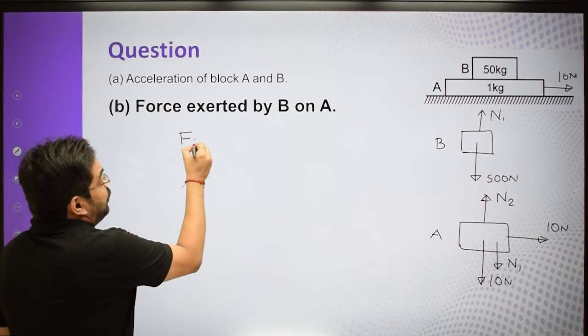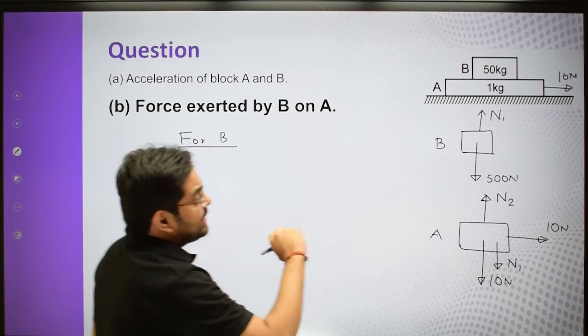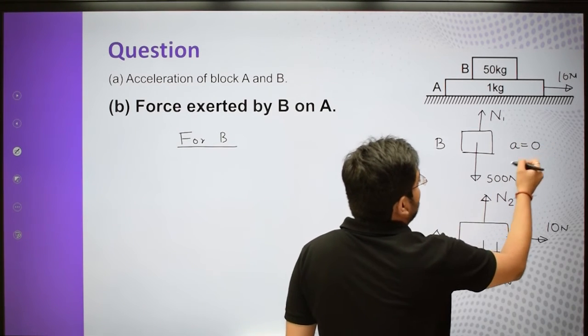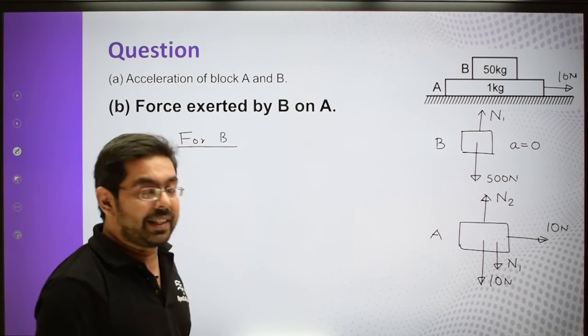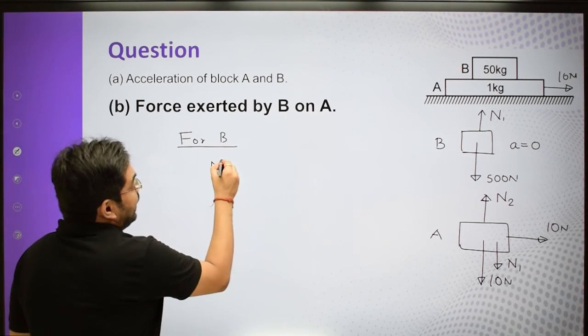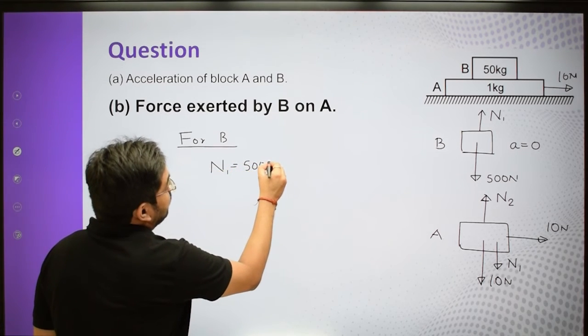So if I write for B, its acceleration is 0 because in the y direction N1 will exactly balance its mg, that is 500 Newton. So directly we can write N1 will be equal to 500 Newton.